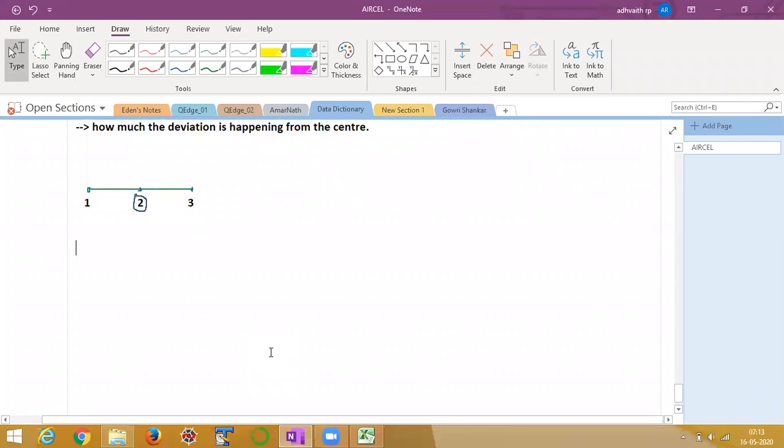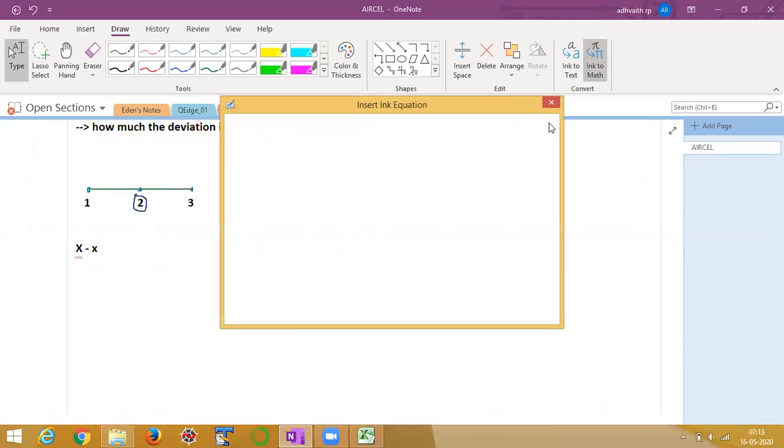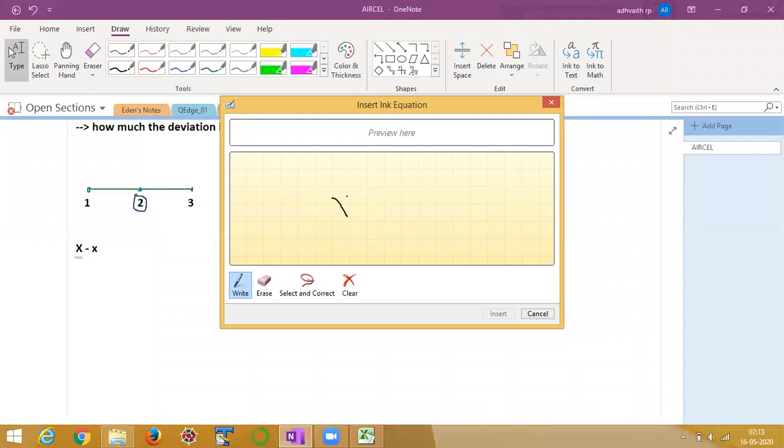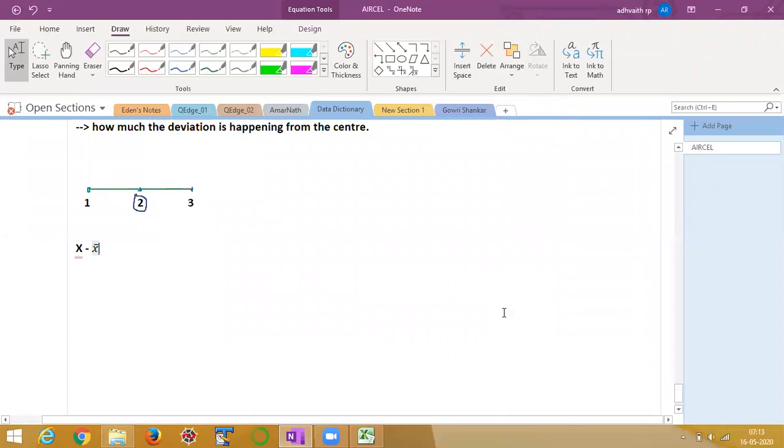Let's go back here. What we have done here: first of all, you have calculated x minus x bar. This is what we have done.